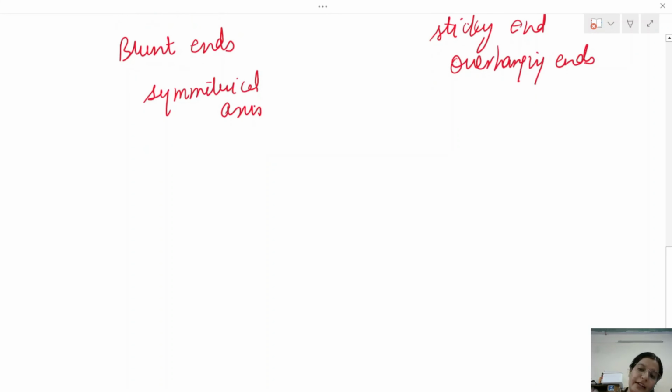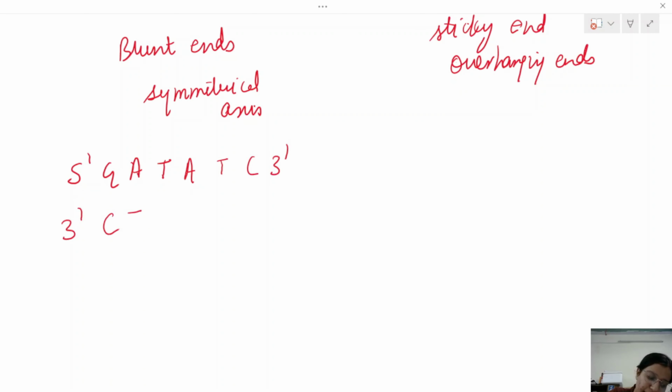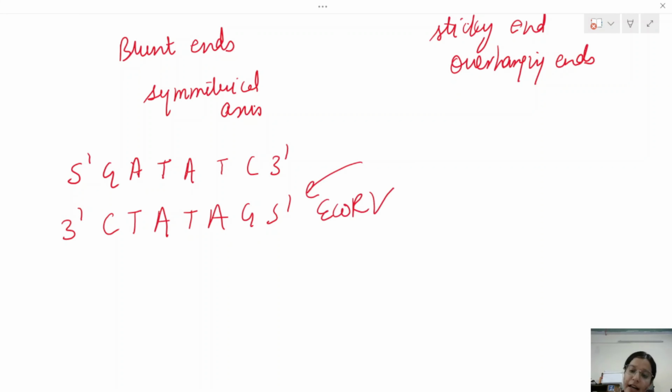We will be taking both examples. 5 prime G A T C 3 prime, N 3 prime N C T A T A G 5 prime. So here the enzyme E. coli V comes and results in blunt ends.